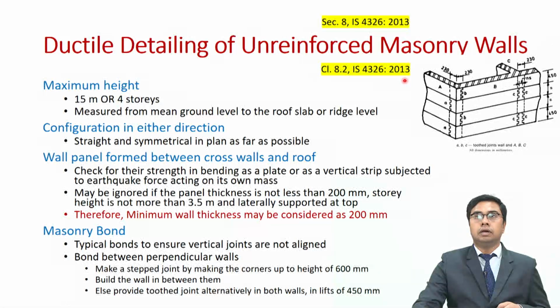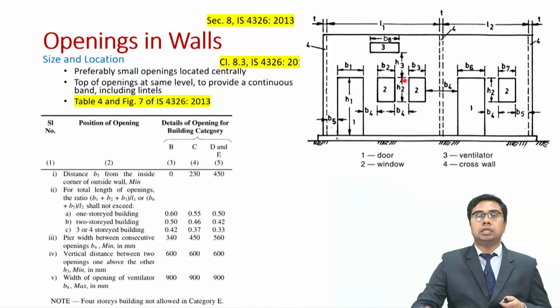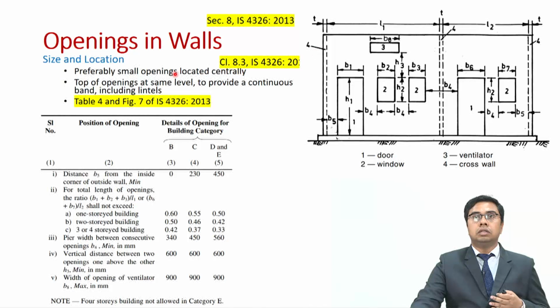Now, once we understand ductile detailing of masonry walls, we also should understand that there will be openings in these walls. We need openings for doors and windows. So, the size of doors and windows should be preferably small and they should be located centrally. Now, the top of the openings should be preferably at the same level so that you can provide a continuous horizontal band.